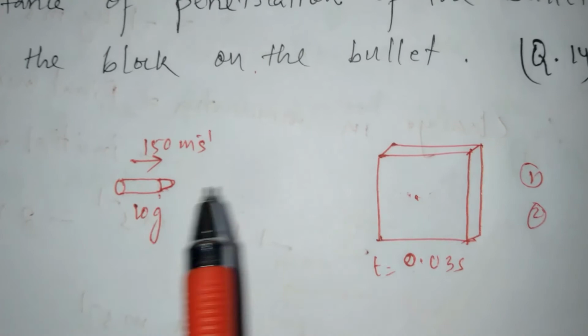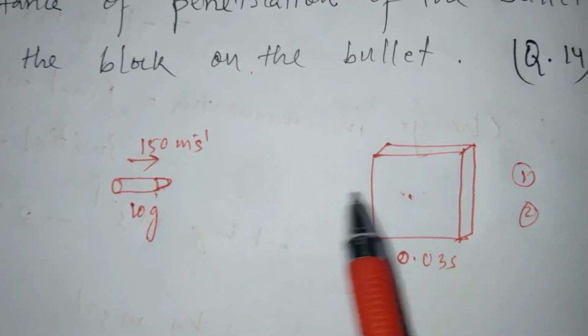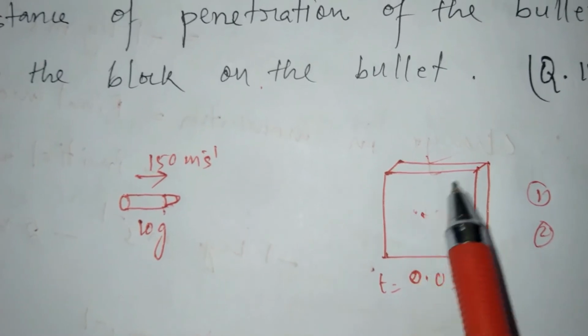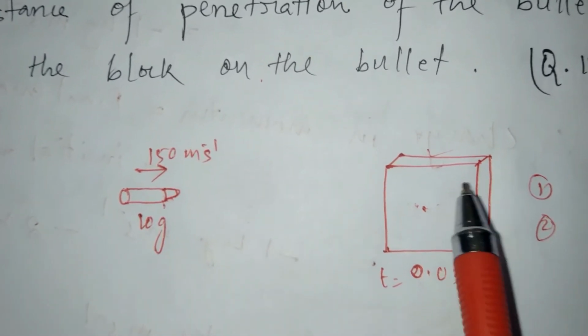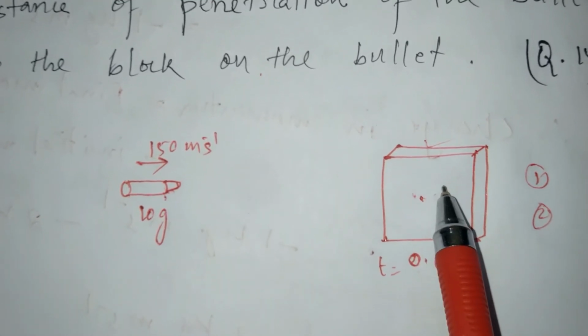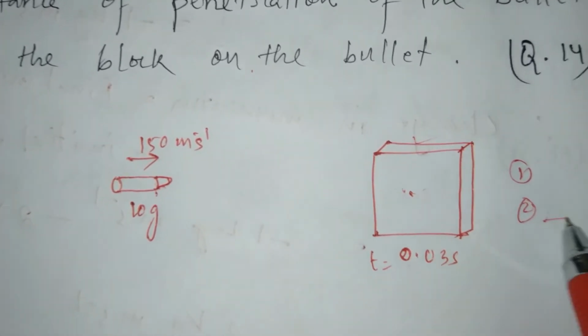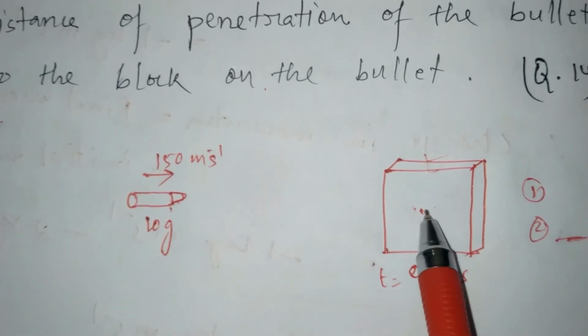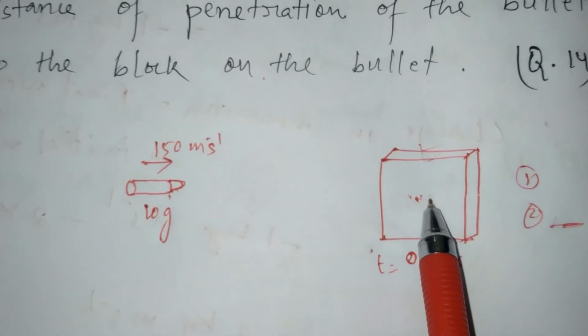Because to stop this bullet, the force of this bullet is in this direction, and the block has to exert some kind of force on this bullet to stop it, isn't it? Otherwise it cannot stop. So what is the amount of the force is the second question, and the first question is how much distance this bullet has penetrated into the wooden block. So this is the question.